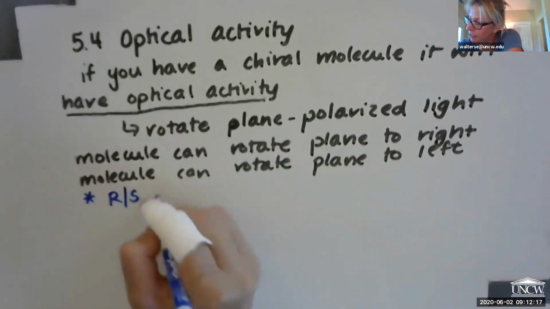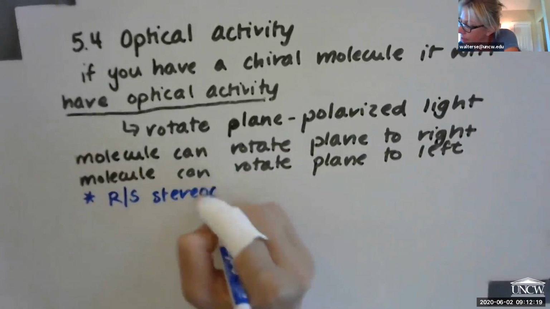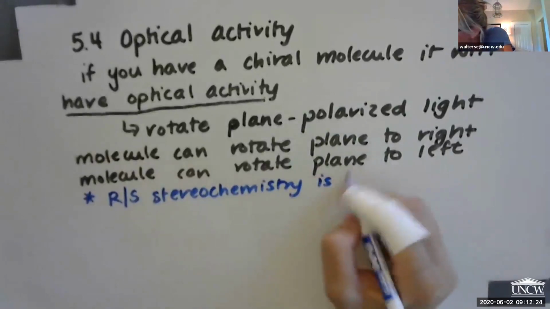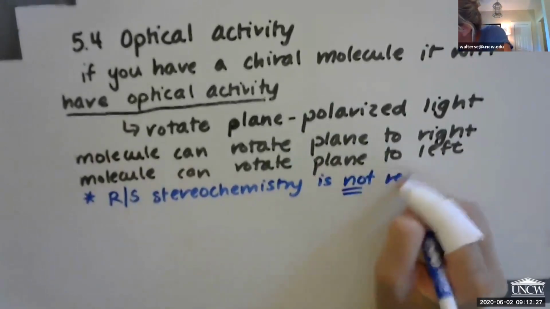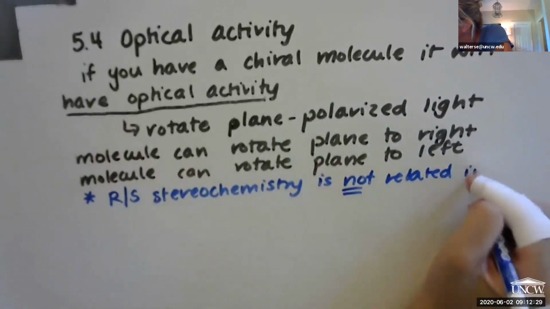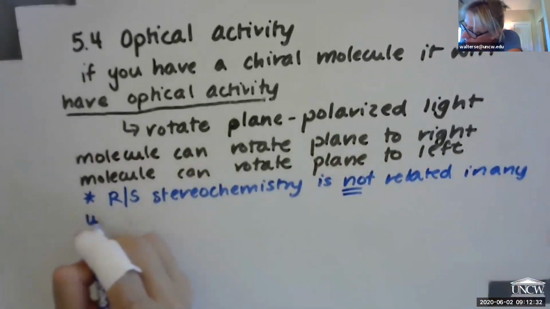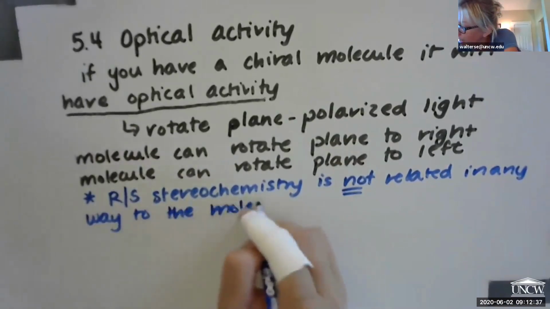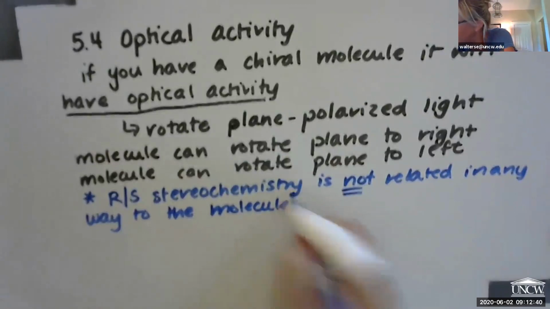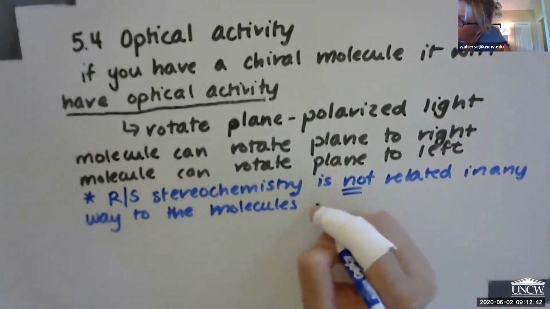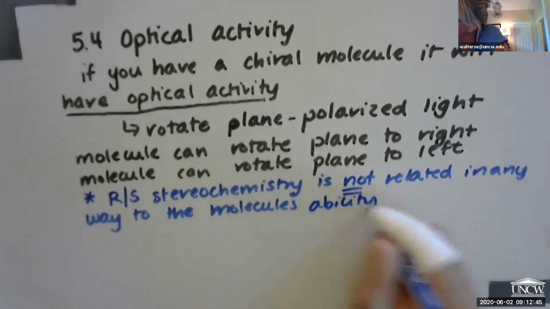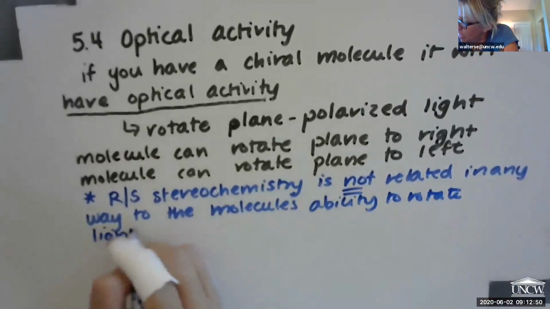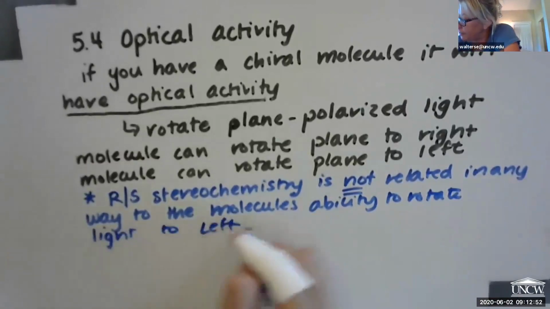R and S for stereochemistry is not related in any way to the molecule's ability to rotate light, or the molecule's ability to rotate light to the left or the right.